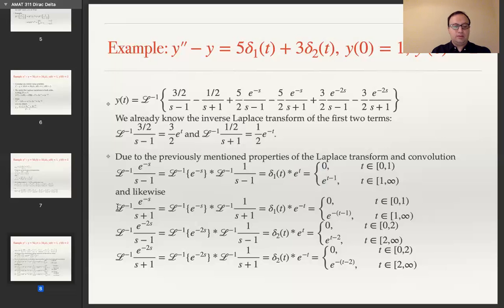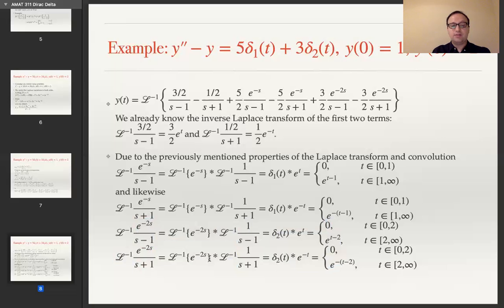All right. What about, for example, the inverse Laplace transform of e to the minus 2s over s plus 1? This is the inverse Laplace transform of e to the minus 2s convolved with the inverse Laplace transform of 1 over s plus 1.